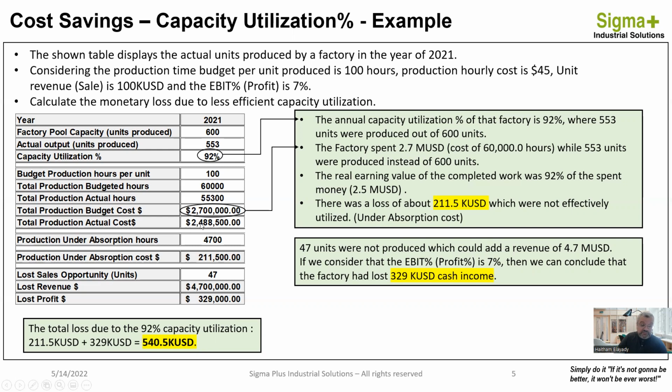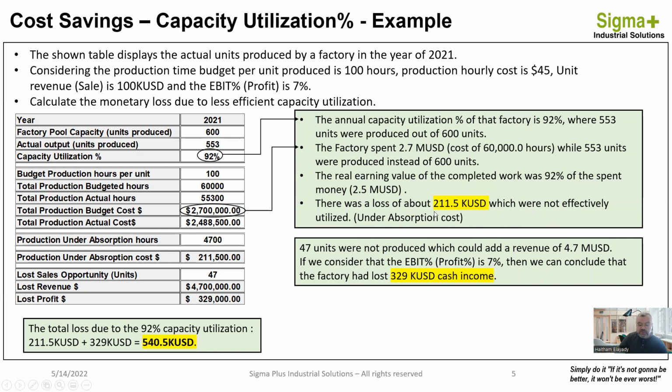But in fact we actually produced 553 units, which cost approximately $2.5 million, which means that there was a value of 211.5 KUSD which was not effectively utilized.